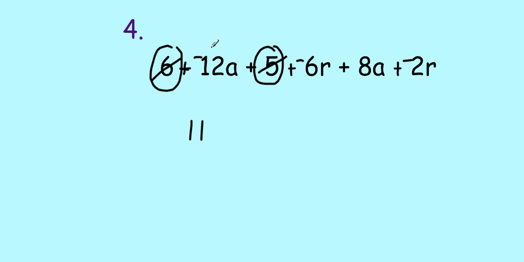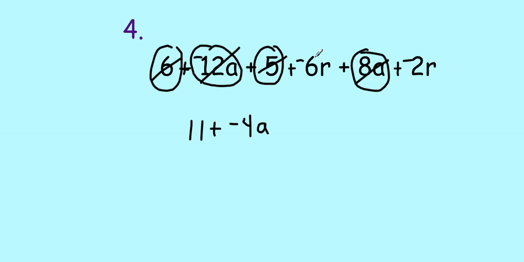We have negative 12a. Make sure you include that negative sign when you circle. And 8a. Well, we have more negatives than positives, so it's going to be negative: negative 12 plus 8 is negative 4. Cross out when we do that, and then we circle the negative 6r and the negative 2r.